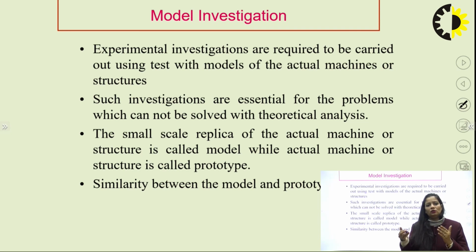But we need to study that particular dam construction in a smaller manner. We apply the same conditions in a model of the dam, and we check whether that project will work or not under safety considerations, and whether that will be beneficial for us or not.